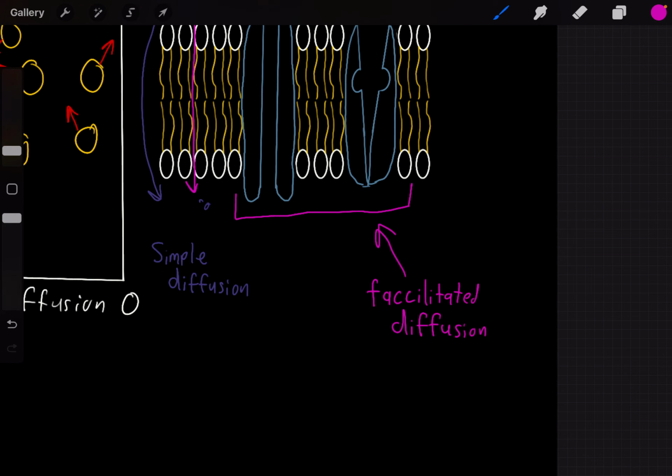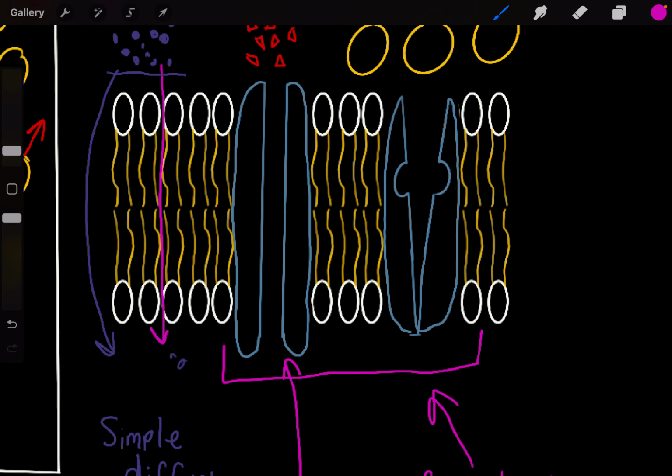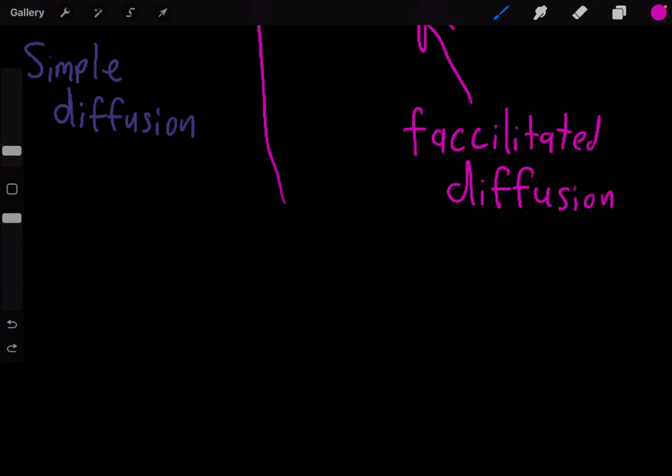These are channel proteins, because as you can see, we have this long channel right here. It's just one big channel.